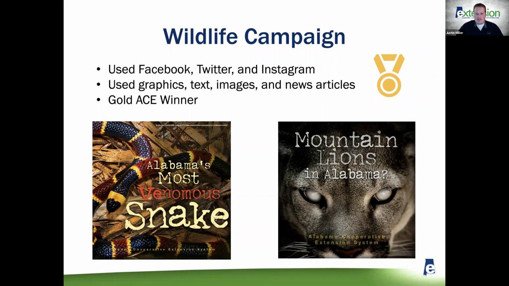They're not really seen as often as, say, some of our other venomous snakes, like the rattlesnake in Alabama. This one actually spawned off of a coral snake bite in South Alabama. A man had misidentified the snake as one of the common non-venomous lookalikes, and was actually bitten by this and ended up in the hospital.